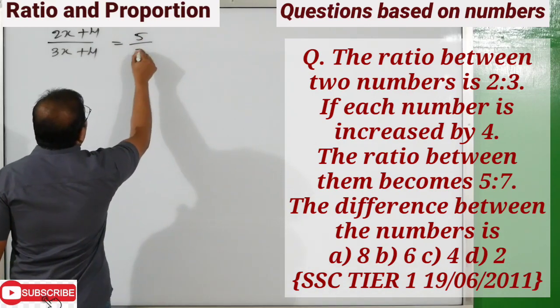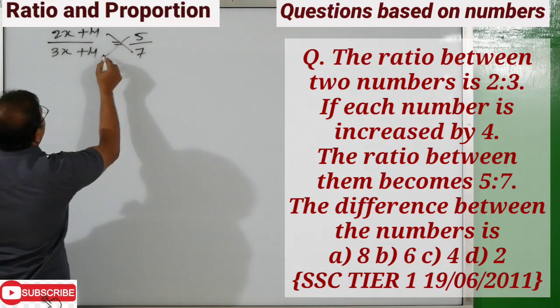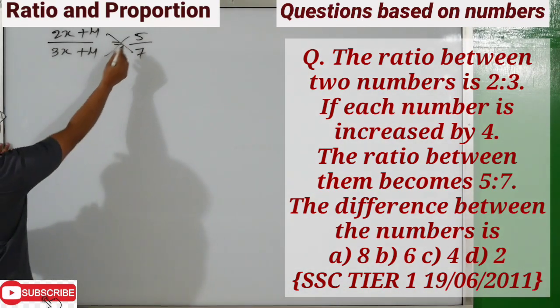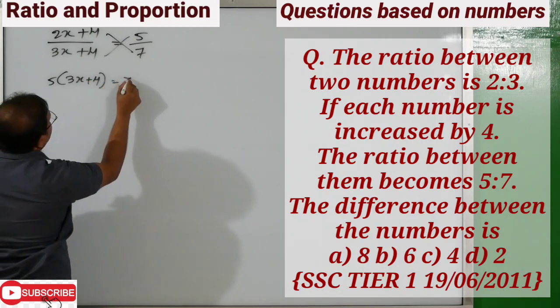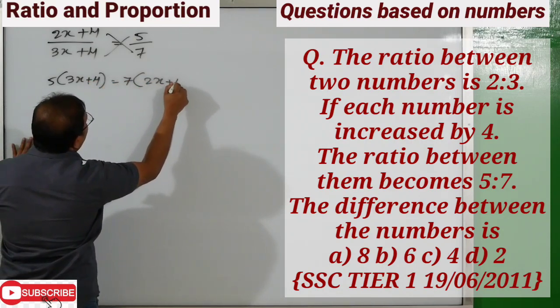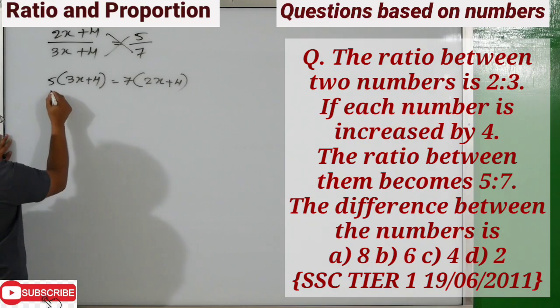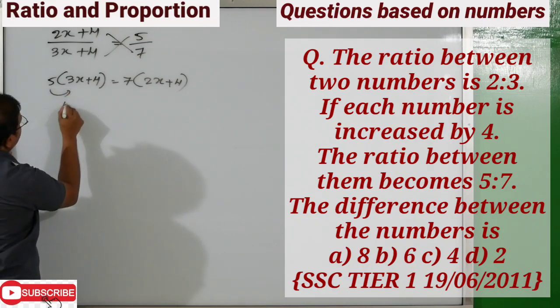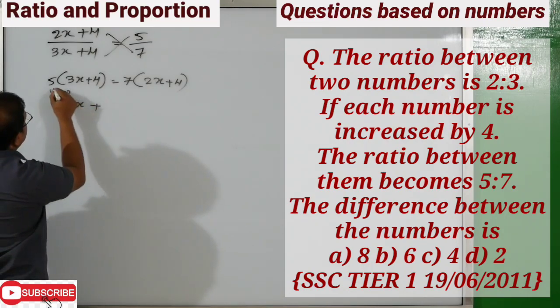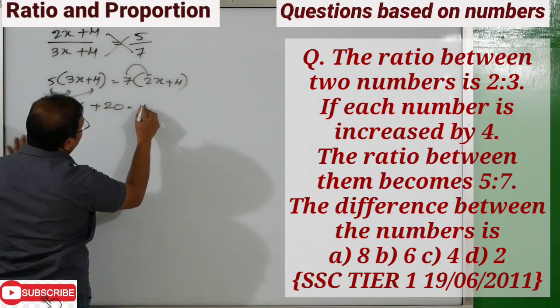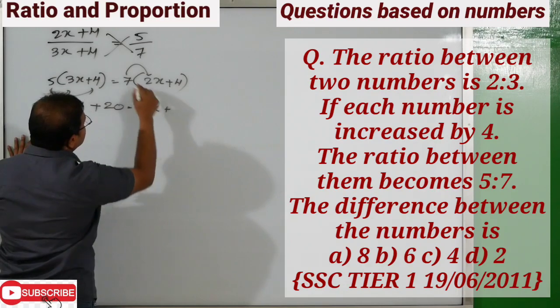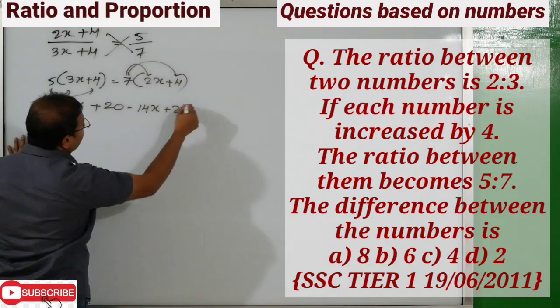That means 5/7. Let's cross multiply. That means what you'll do? 5 into 3x plus 4 equals 7 into 2x plus 4. We'll open the bracket. 5 into 3, that is 15x plus 5 into 4, 20 equals 7 into 2, 14x, plus 7 4s are 28.